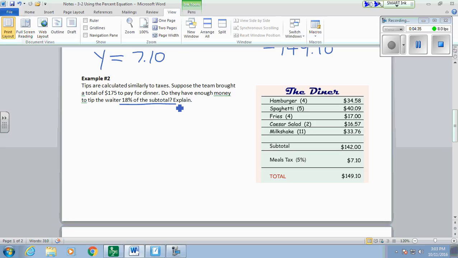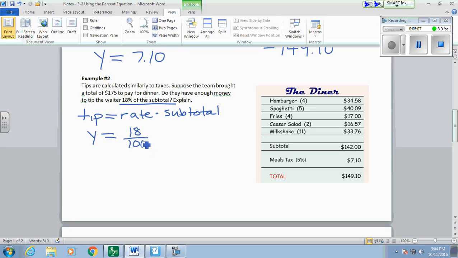So the equation is going to be very similar to the tax one, except this time it's going to be tip equals the rate times the subtotal. We don't know what the tip is going to be just yet, so we are looking for that. We know the rate is 18%, so we know that we're going to be finding 18% of the subtotal.